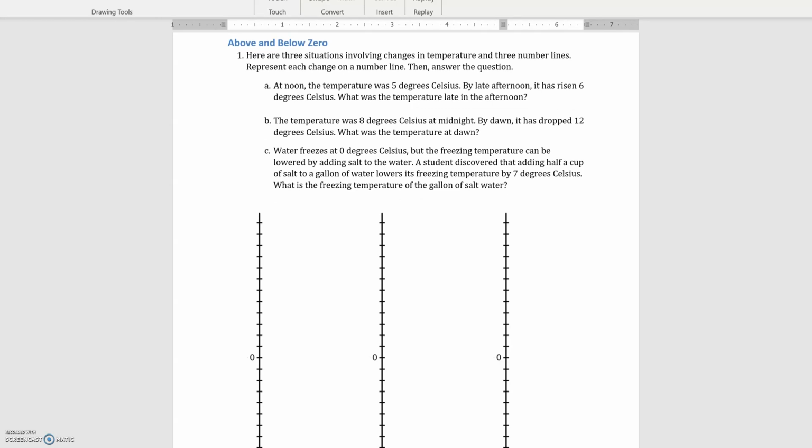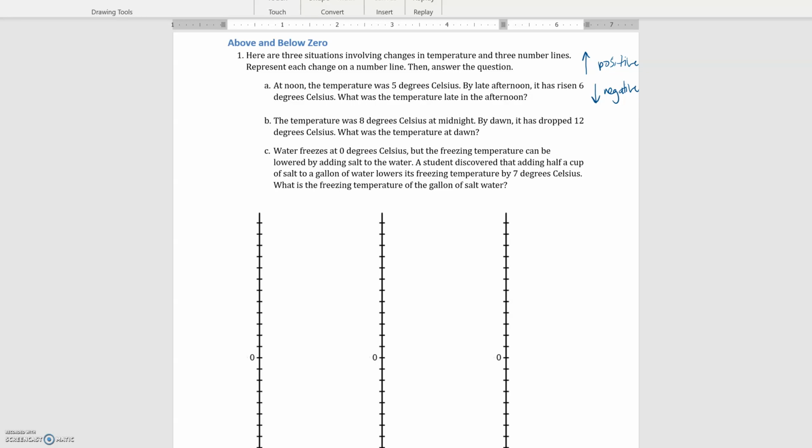And all number lines are vertical, so all numbers that are higher are going to be positive, and all the numbers that are lower are going to be negative. So I'm going to model the first example, how I'm going to find the answer to the question, and then you are going to do number 2 and number 3 by yourself.